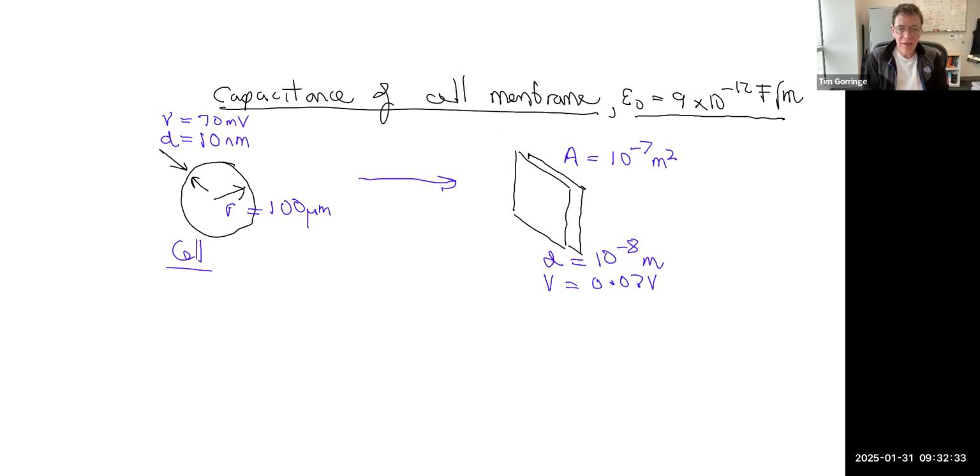The inside fluid and the outside fluid are separated by some thin membrane or thin film. It's a fatty lipid membrane. So we've got an inside conductor, an outside conductor, the intra and extracellular fluids, and then we've got an insulating medium in between, the lipid membrane, and that is a capacitor.